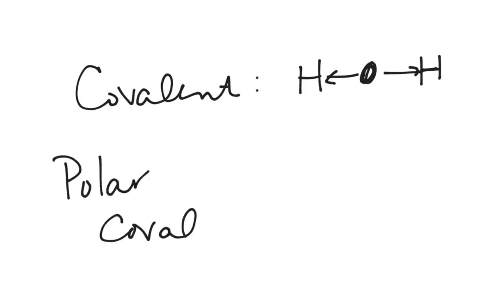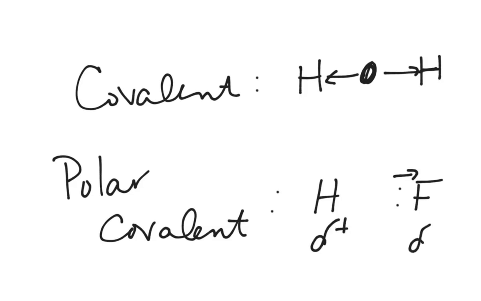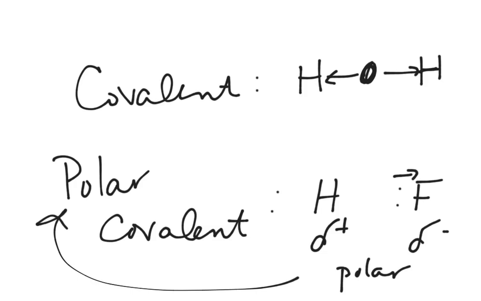This is the arm wrestling and everything that we did last year, is when we have something like H and F, where F is definitely stronger, and so the electrons are going to be more towards that, resulting in a partial positive and a partial negative, which we call the polarity, hence polar bond. Alright.